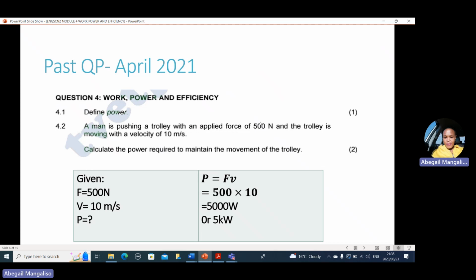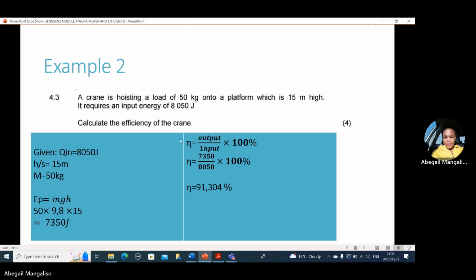In place of force, you substitute 500, and where there is V, multiply by 10. 500 by 10 will be 5,000. The SI unit of power is the watt. If a question says calculate it in kilowatts, this answer will be 5 kilowatts because a kilo is equivalent to 1,000.